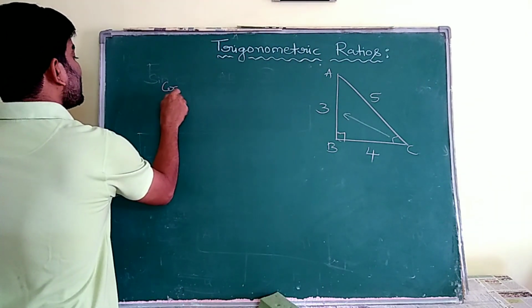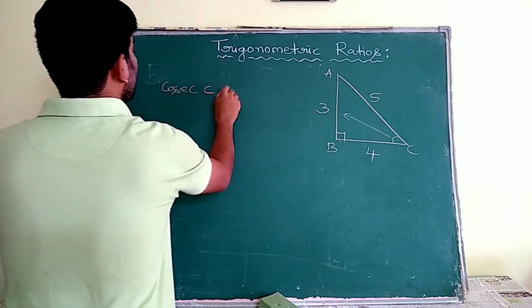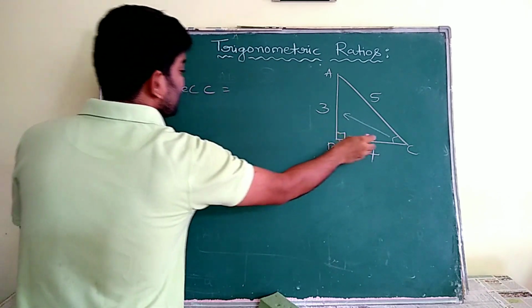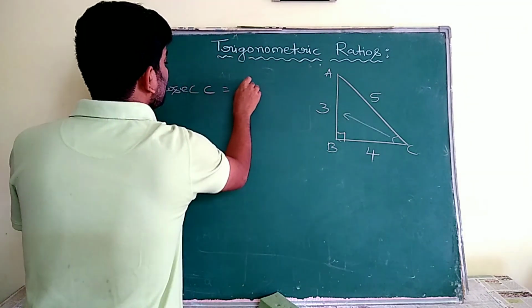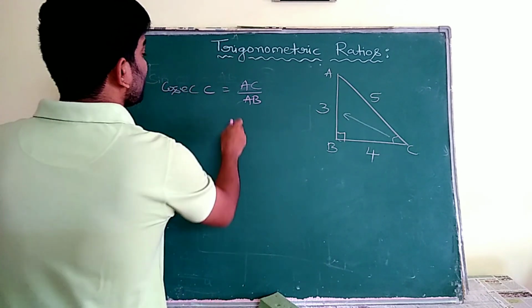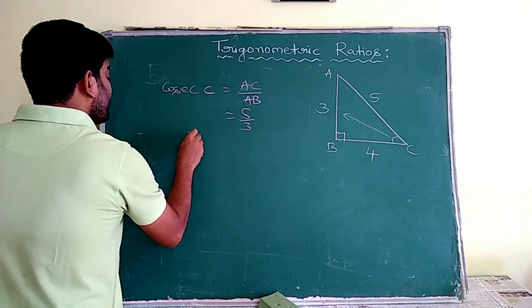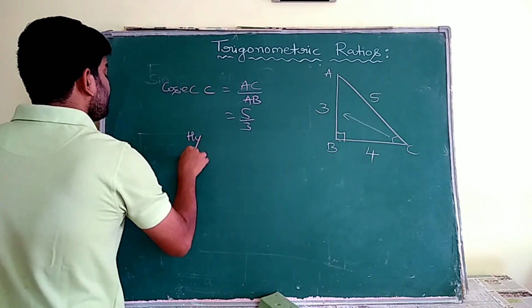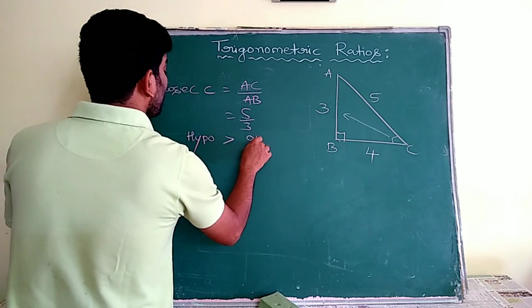Similarly, see, cosecant C means hypotenuse by opposite side. Let us suppose cosecant C is AC by AB, that is equal to 5 by 3. That means here the hypotenuse is greater than the opposite side.